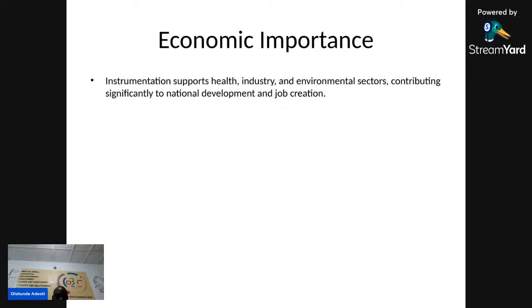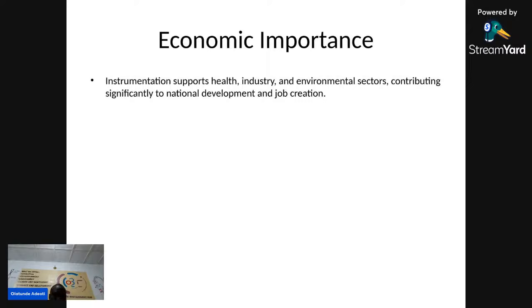Okay. So what are the economic importance of instrumentation? Instrumentation supports health, it supports industry and environmental sectors, thereby contributing significantly to national development and job creation. I've just said this to you.